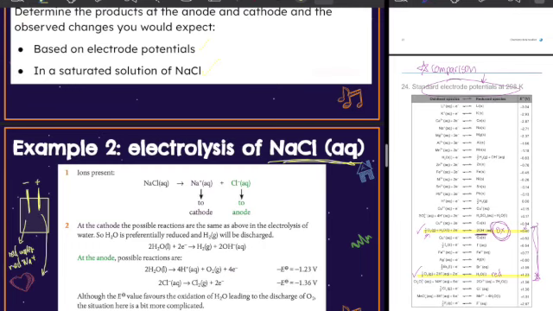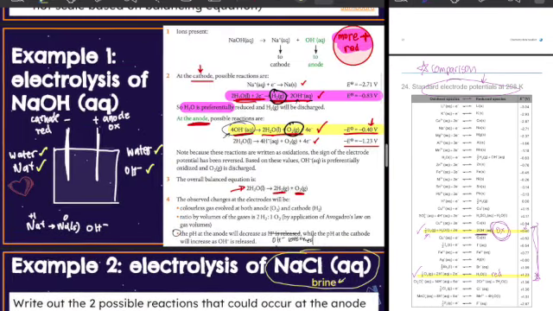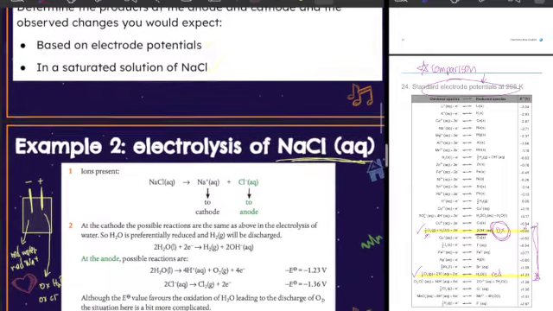At the anode, I could have oxidation of water. I could have oxidation of chlorine. And I'm going to write out these equations, decide who wins. So reduction of water, reduction of Na+, we just went through that. It's the same thing we did before because we're still looking at Na+ and water. So just like before, water is the winner.